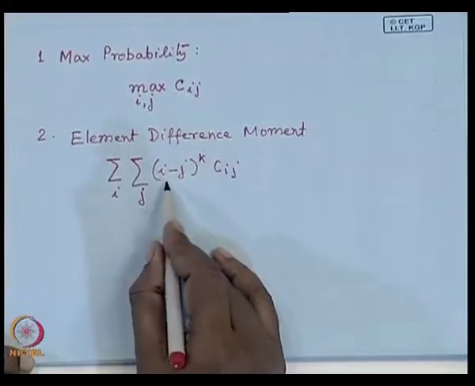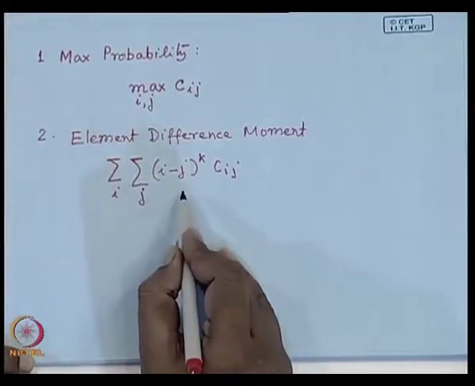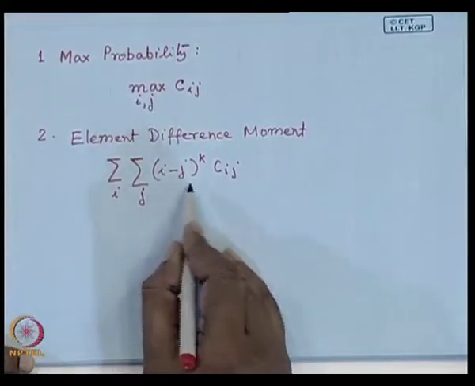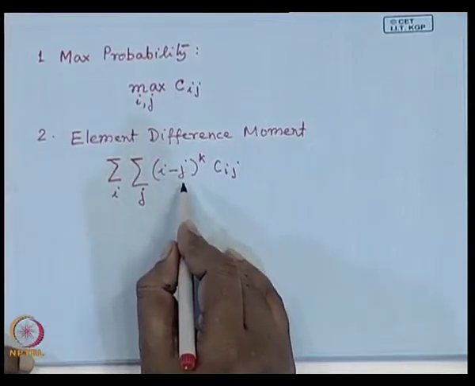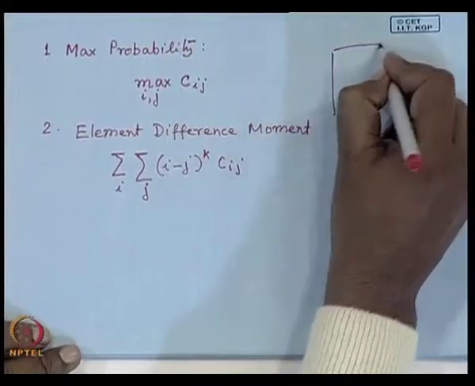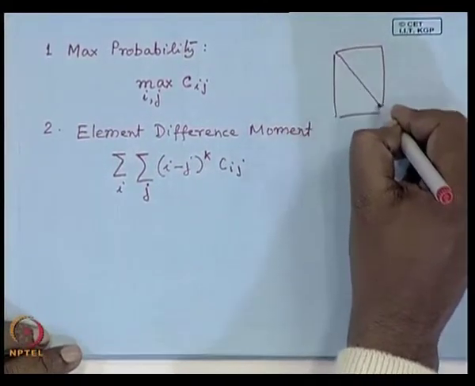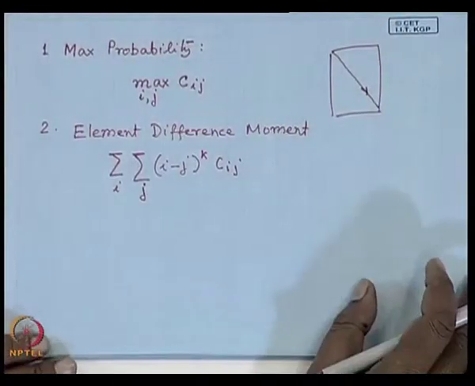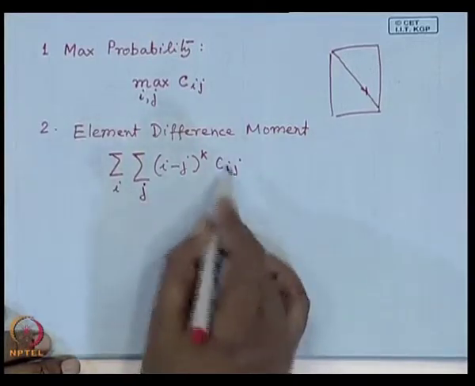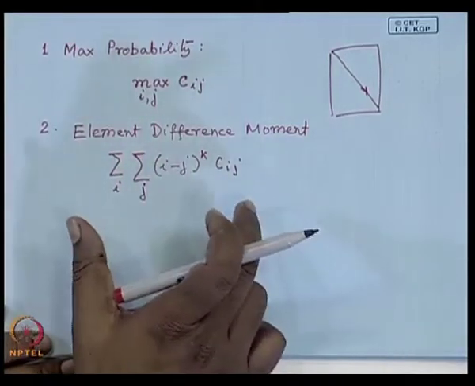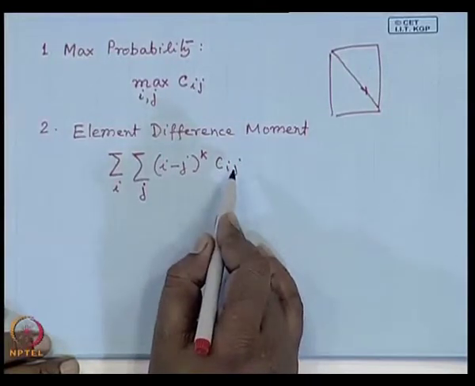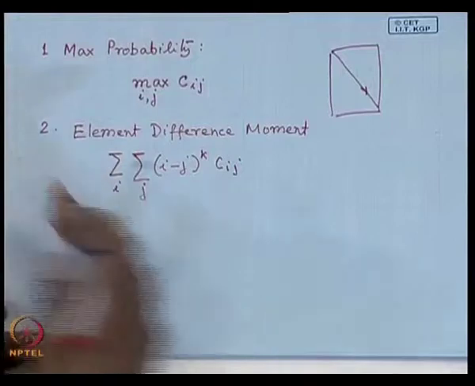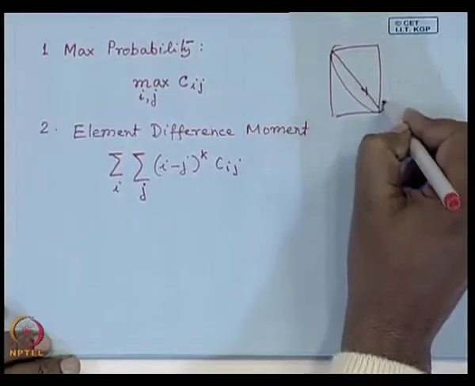So, naturally this value will be minimum whenever I and j are the same. That is, I equal to j means the elements on the main diagonal of the matrix. So, when I compute this, the value will be very low if most of the C I j's, or the maximums of the C I j's, appear along the main diagonal.